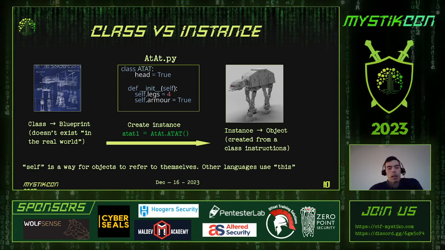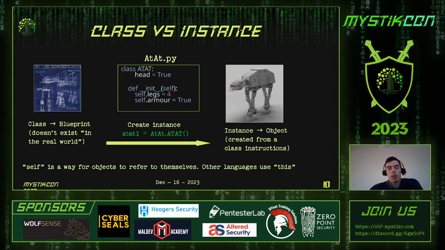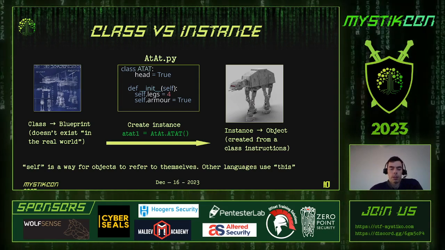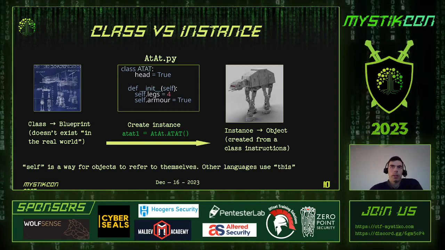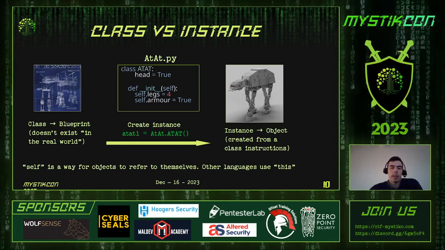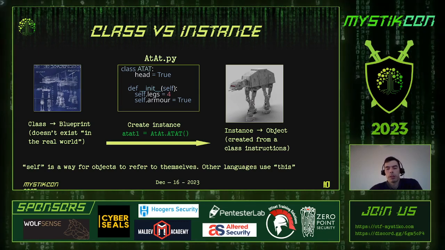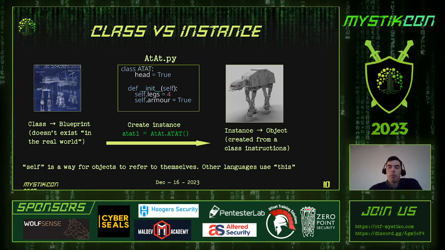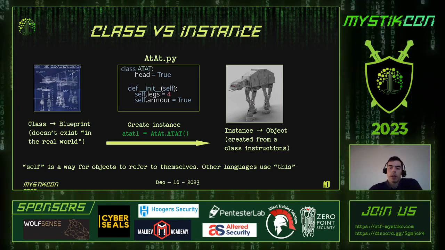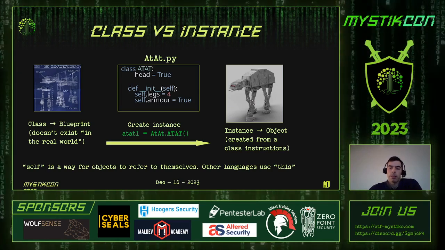So a class is a blueprint that specifies how some object will be built. But the blueprint itself doesn't represent any real object existing in the real world. It's just a set of instructions of how to build new objects. Building an actual object from a blueprint, from a class, is called instantiation.